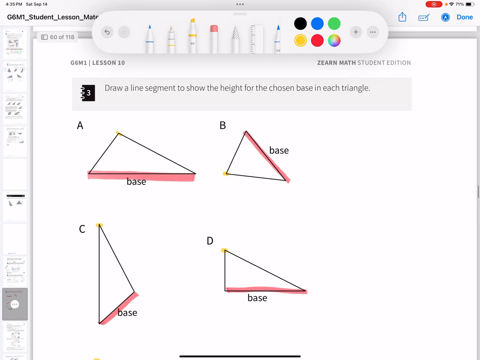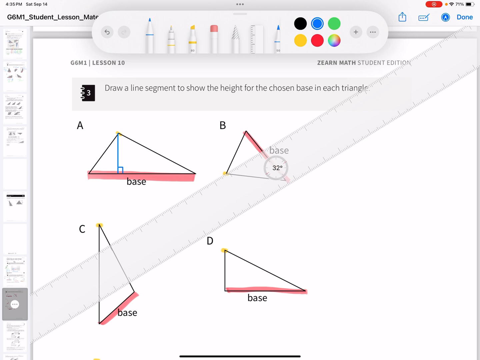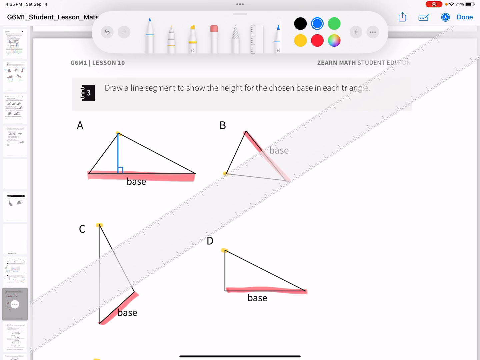All right. So we need to draw a line. I'm going to use my ruler here. So it goes from the vertex into the base at a 90-degree angle. Just like we've done there. All right, now for this one. Like so. Straight down.